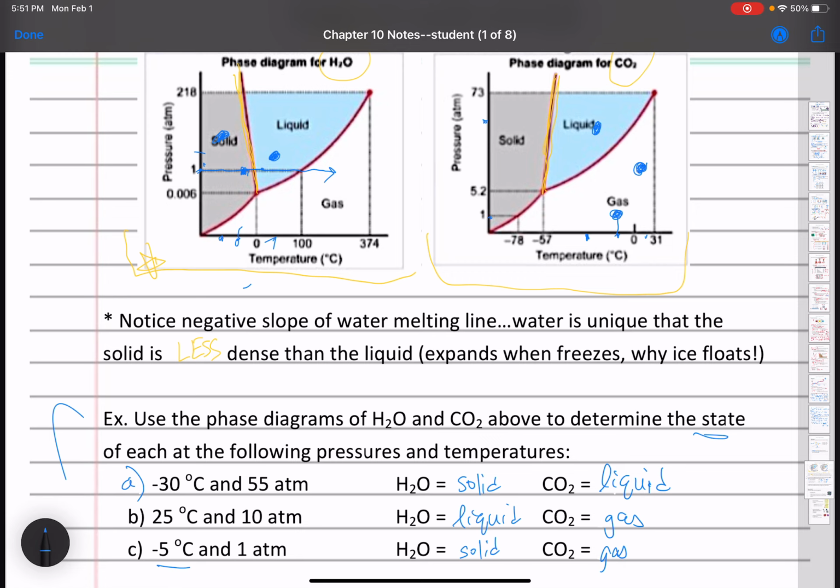But dry ice, which is made of solid carbon dioxide, if you heat it up, it actually sublimes. It doesn't go through a liquid state. It turns directly into a gas. And this phase diagram demonstrates clearly why dry ice sublimes. It's because at atmospheric pressure, liquid carbon dioxide doesn't exist.